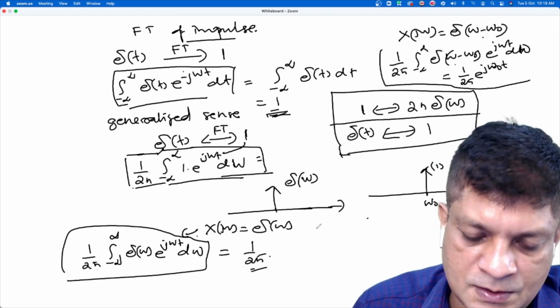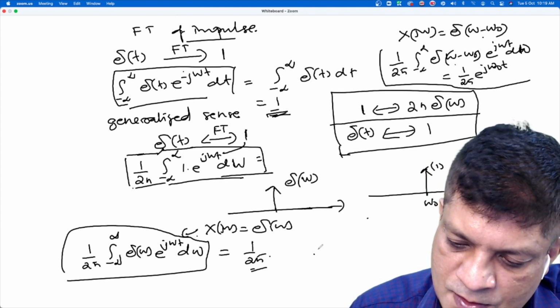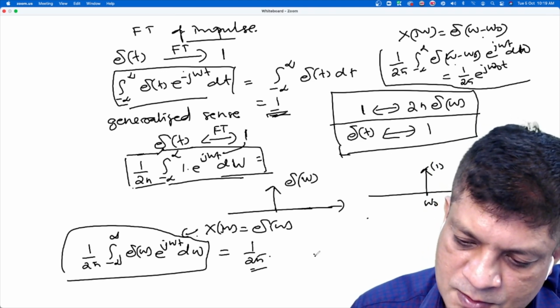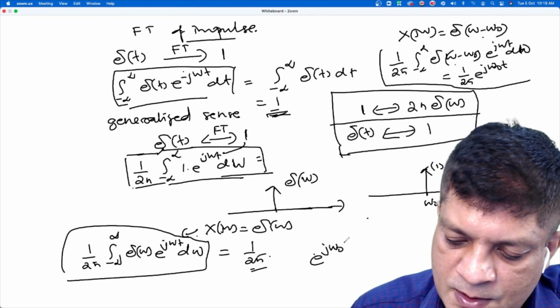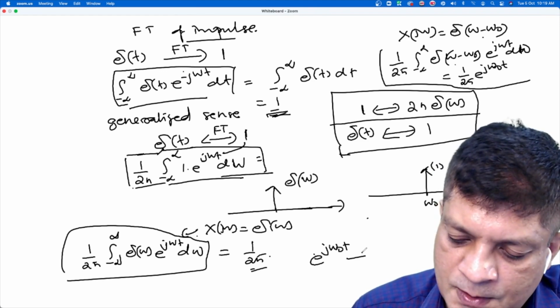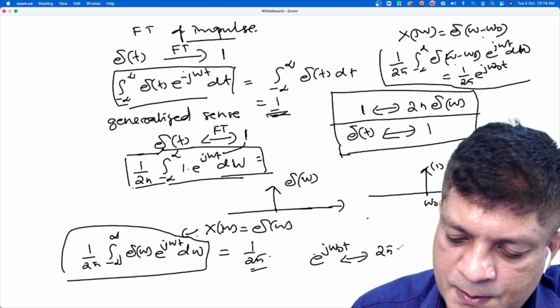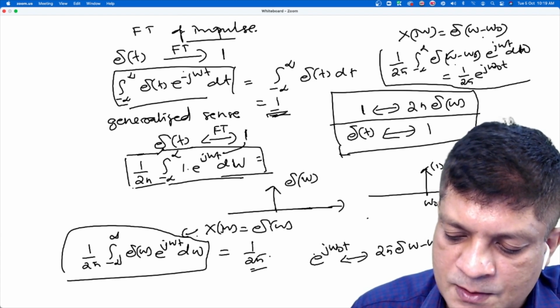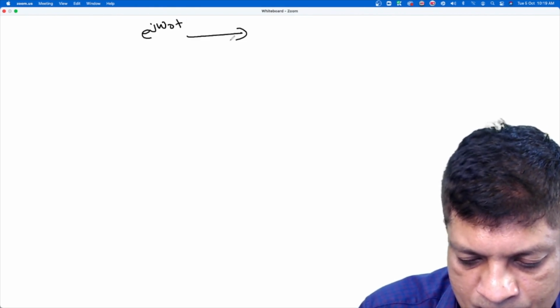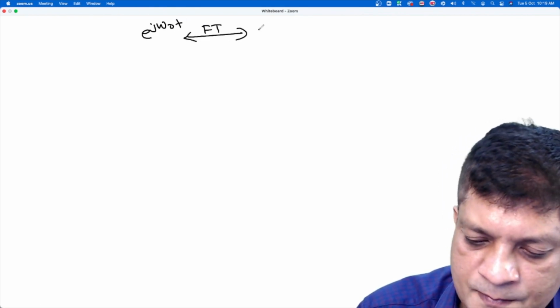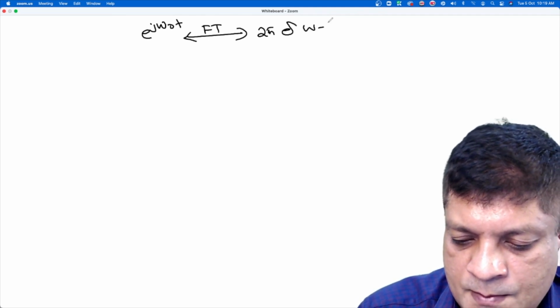That is another standard result. If you cross multiply this, you get e to the power j omega naught t. Its Fourier transform is 2 pi delta omega minus omega naught.